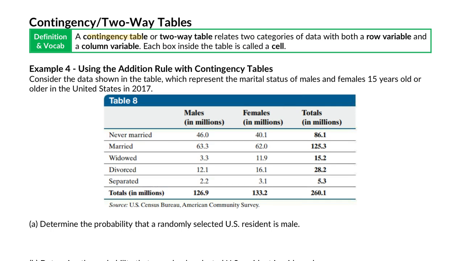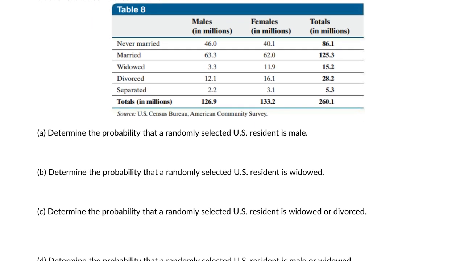The first problem we're doing here says determine the probability that a randomly selected U.S. resident is male. All right, here's our first thing. A randomly selected U.S. resident is male. So we are literally just trying to see the chances that we would pull that number instead of this number. So we look at the total on that row.